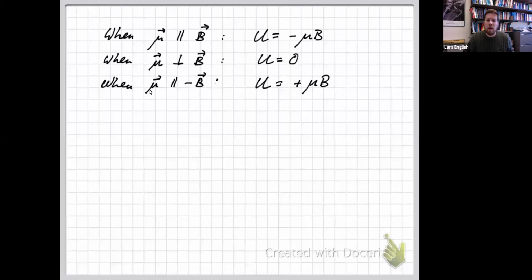When the two are anti-aligned, anti-parallel, when mu is parallel with minus B, we of course get positive potential energy. So the negative case is the most favorable. Everything usually wants to settle into the lowest energy state. We can see that there's a difference here in energy of about 2 mu times B.